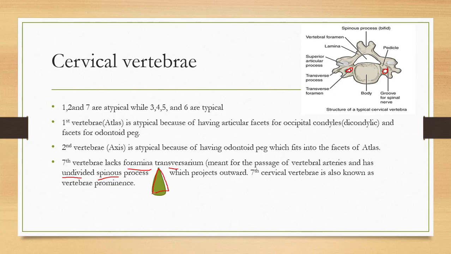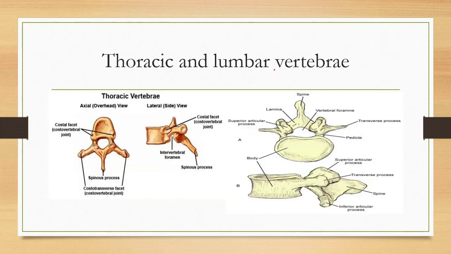Apart from this, it has an undivided spinous process, means the spinous process present in the seventh vertebrae is a pointed one. It is not bifid like other vertebrae. So that's why it is quite prominent. If you touch the end of your neck with your hand, you can feel a pointed thing out there. So that's why the seventh cervical vertebrae is also known as vertebra prominens because of its prominent nature.